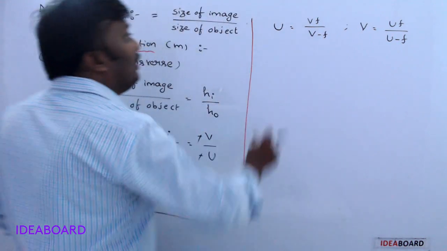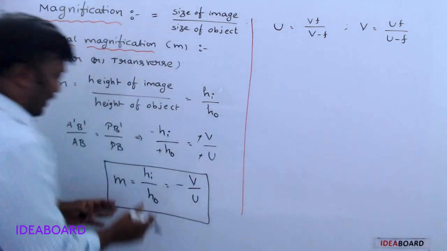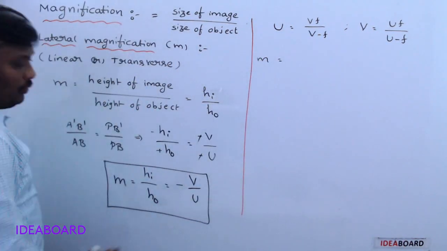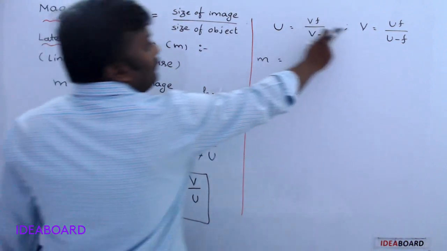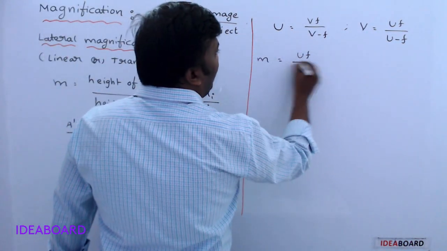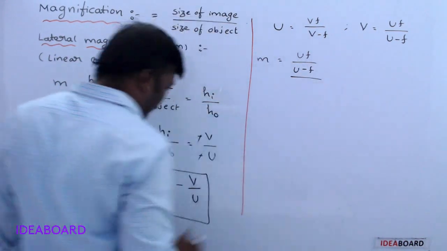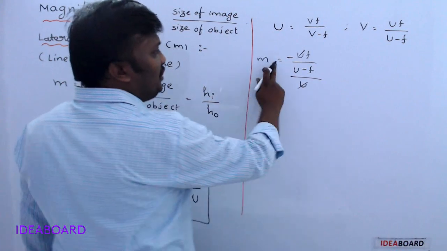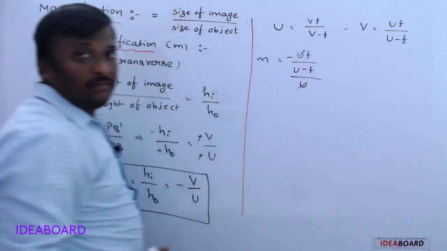Okay, now if you substitute these values in this formula, then what is the formula for m now? M is equal to, instead of v, if you substitute that formula, uf by u minus f, by u. So u cancels now. So m is equal to minus f by u minus f.